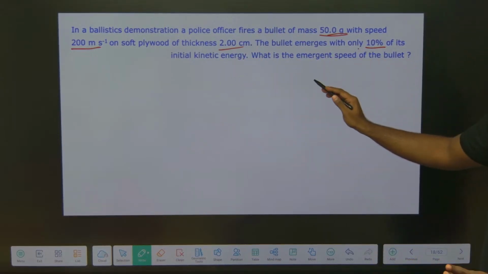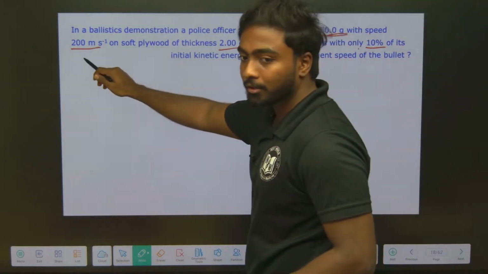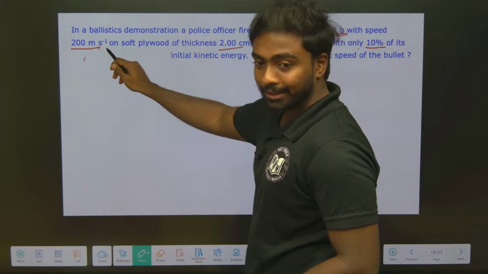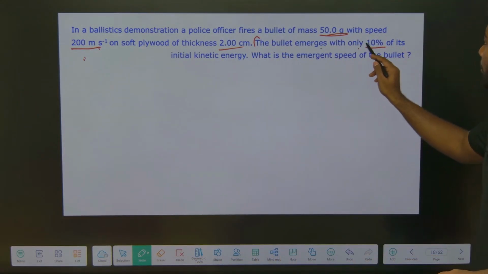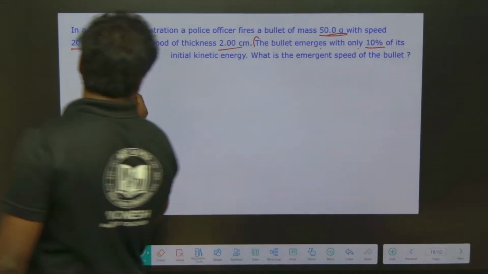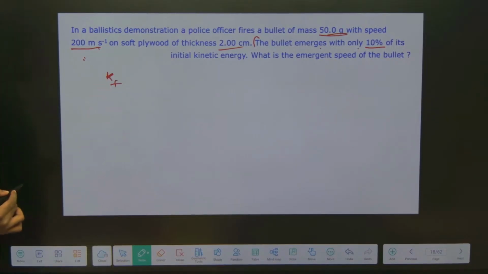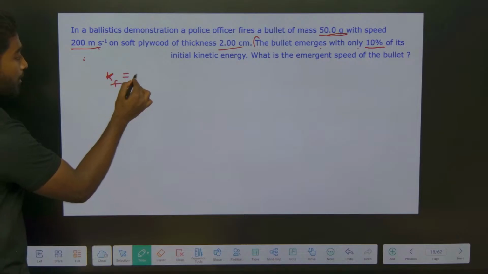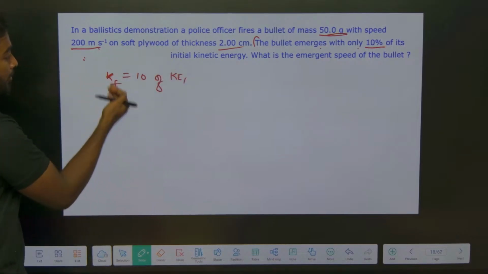They have not mentioned the final velocity. Initially they mentioned the velocity, 200 meter per second, and the second point is that the bullet emerged with only 10% of its initial kinetic energy, which means final kinetic energy will be equal to 10% of the initial kinetic energy.